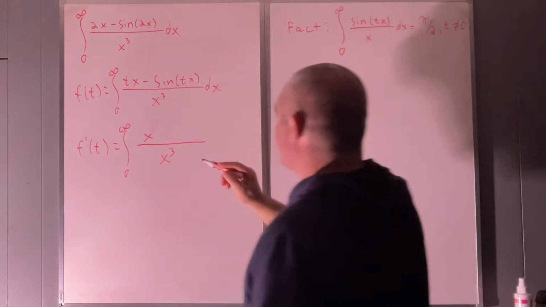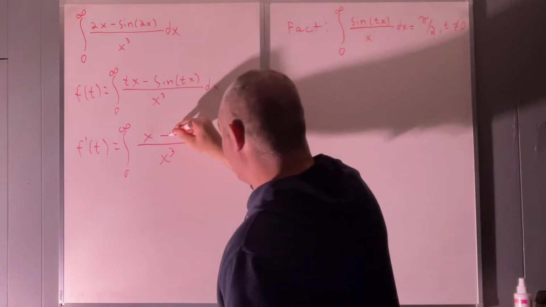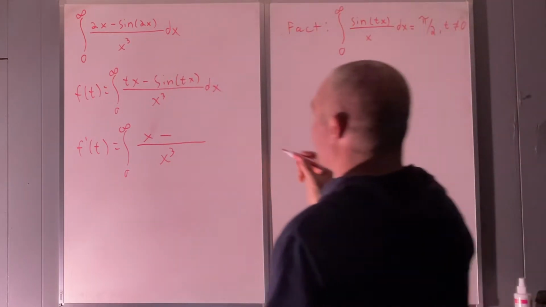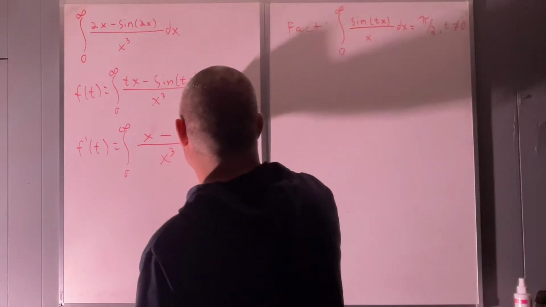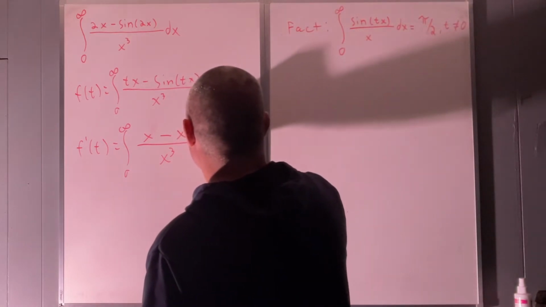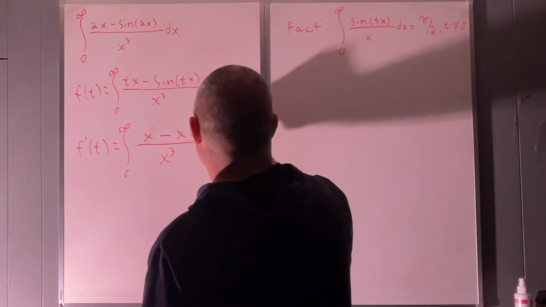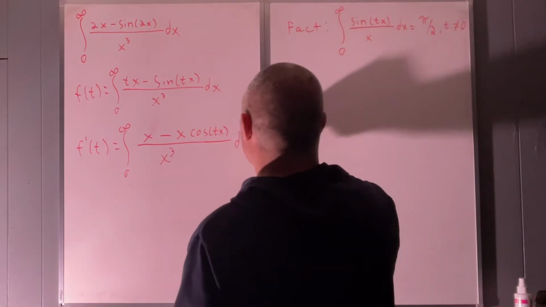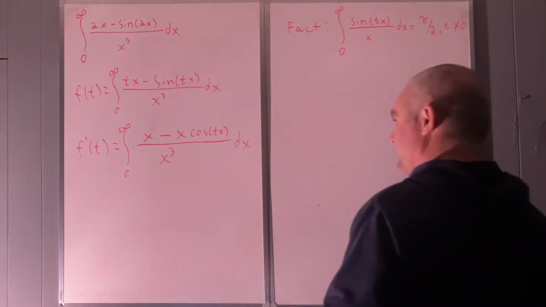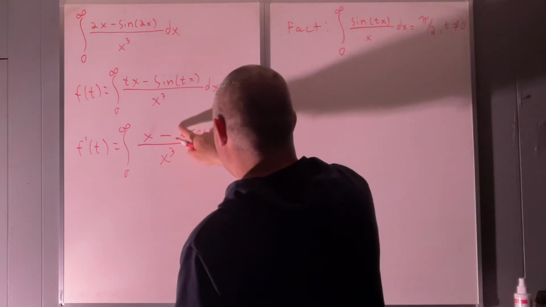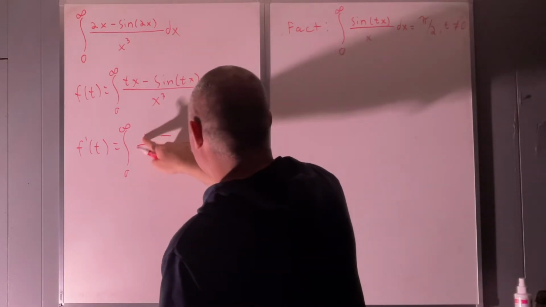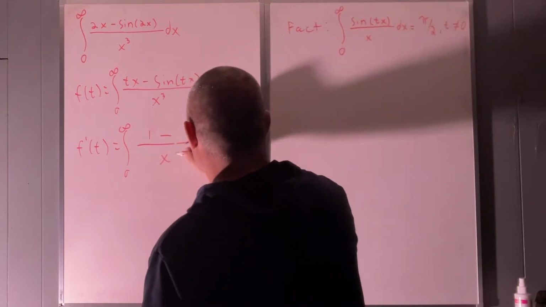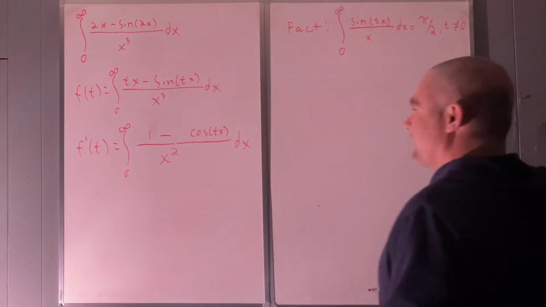Then we'll get minus the derivative of this thing with respect to t, which is x cosine tx. And all that is integrated from 0 to infinity dx. Now you notice that this x will go away, this will change to a 1, and this cube will become a squared. So there's our f prime of t.